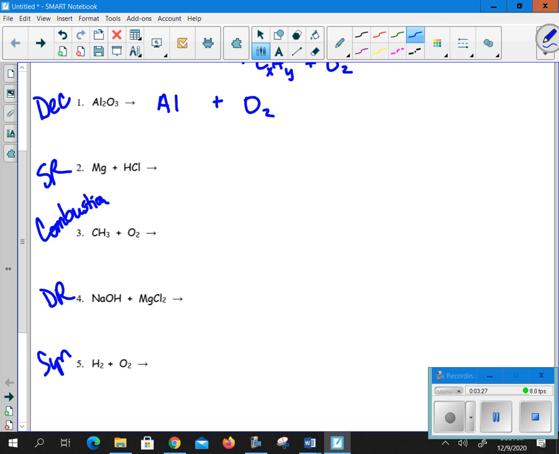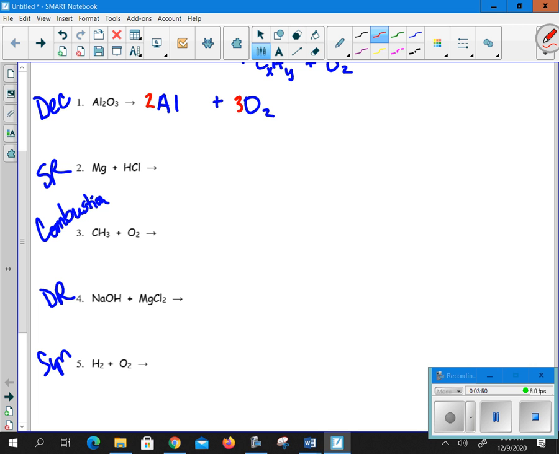Then we would look at how to balance this. I have two Als on one side and one Al on the other, so I would want to put a 2 right there to balance the Als. Then with my oxygens, I have 3 on one side and 2 on the other. So I'm going to have to look for a common multiple between those, which would be 6.